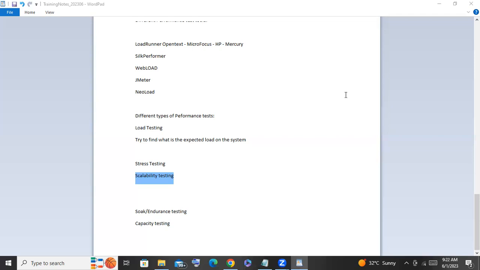After a certain amount of time, this is my expected peak user load, and you are going to test the application to ensure that it works within SLAs for that particular user load. The application has to work well. That is the expectation out of scalability testing.